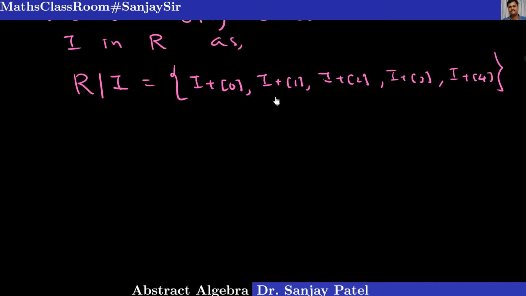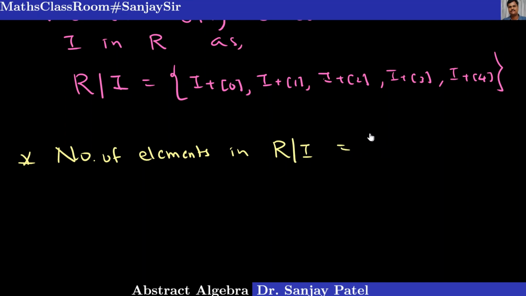Okay. So what I want to explain in this example is, first thing, note that the number of elements in R mod I is equal to the number of elements in R upon the number of elements in I, or you can say order of R upon order of I. That is a better notation.